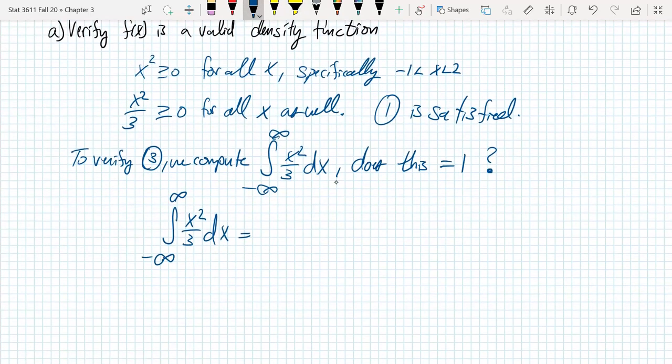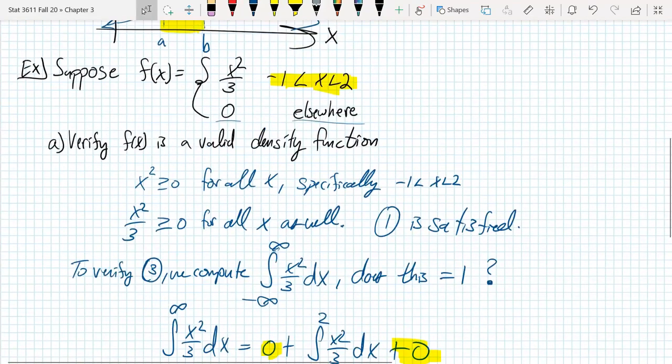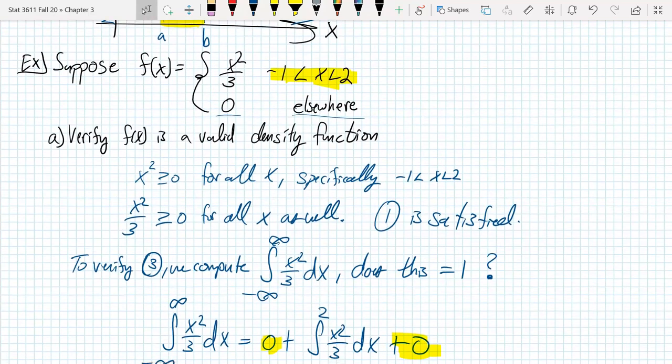So this is basically 0 plus the integral from -1 to 2 of x squared over 3 dx plus 0. And why are these zeros here? We don't really need to write these, but where are they coming from? The 0 on the left would be all the values to the left of -1 on your number line, and the 0 on the right would be all the values greater than 2 on your number line, right?